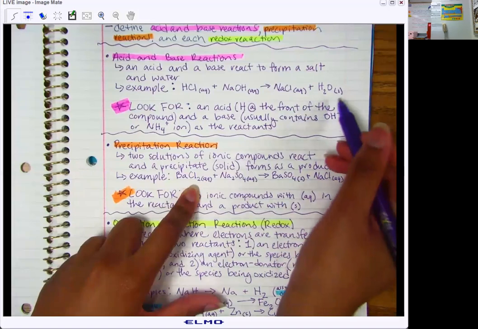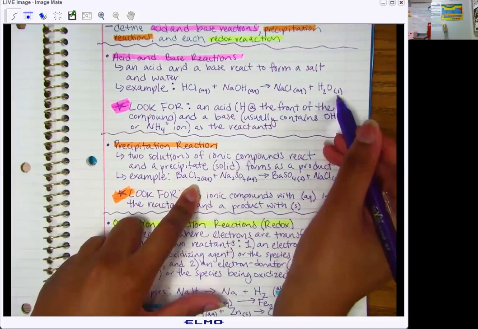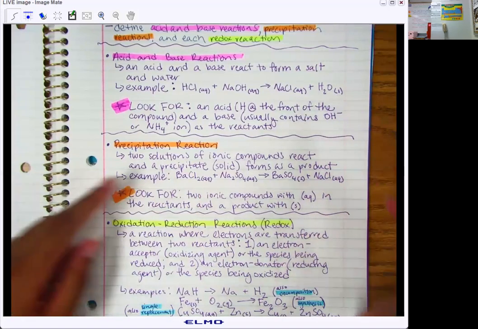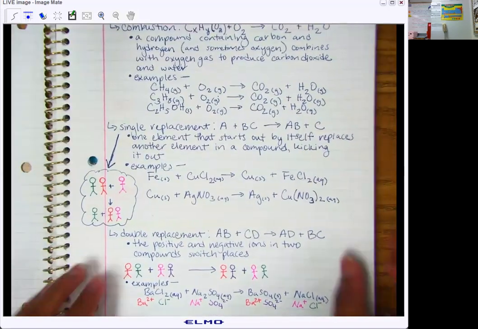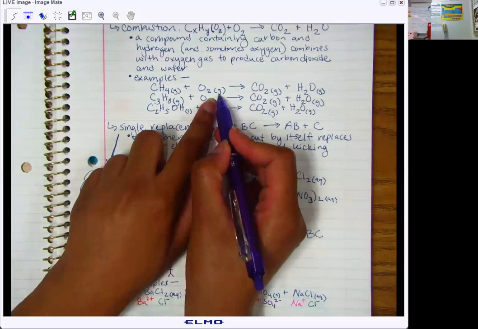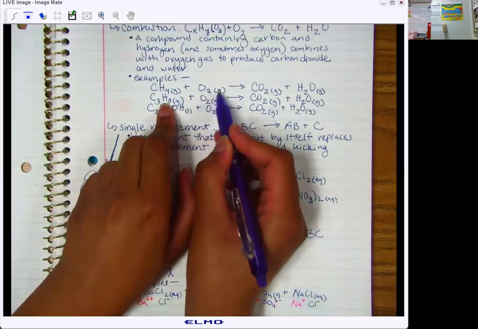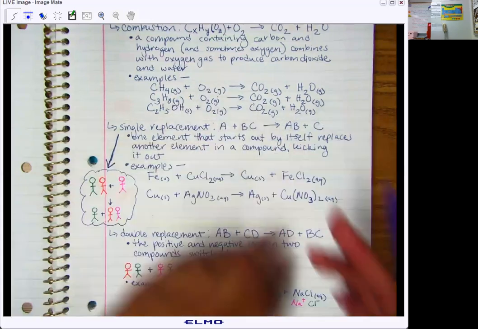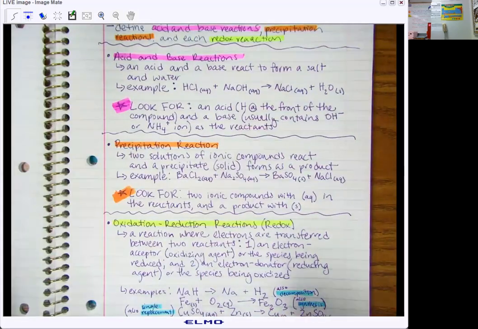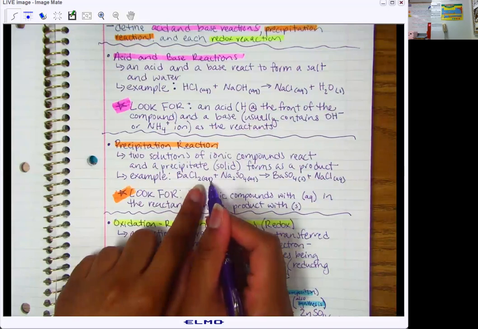If you see an L, then we're talking about a liquid. I don't see an example here, but if you look at an example that has a G, that G tells us that the state of matter of this compound or element is a gas. The only one that might be unfamiliar to you is AQ.